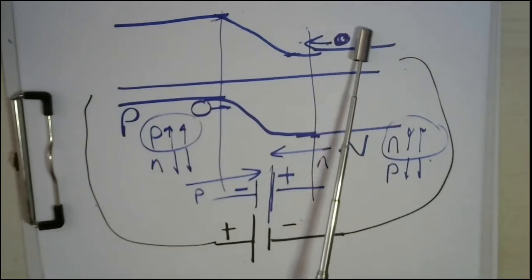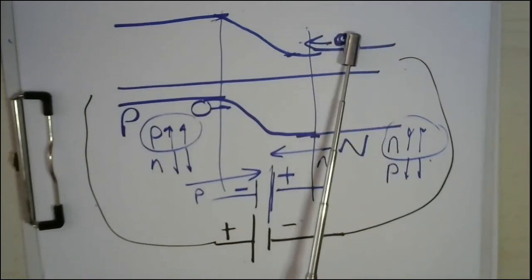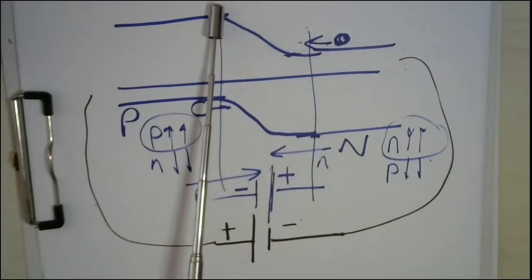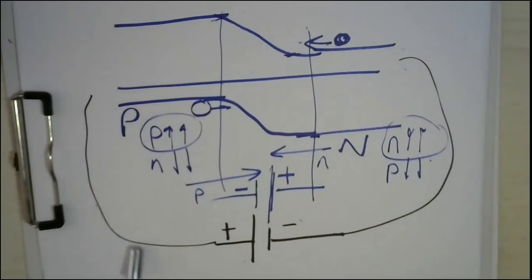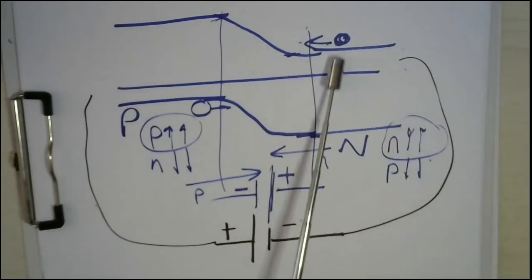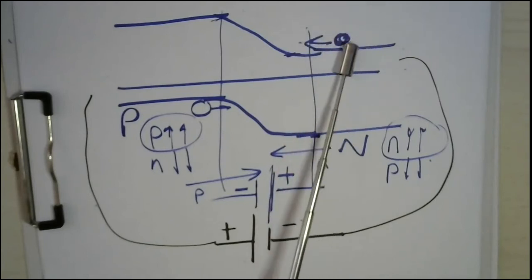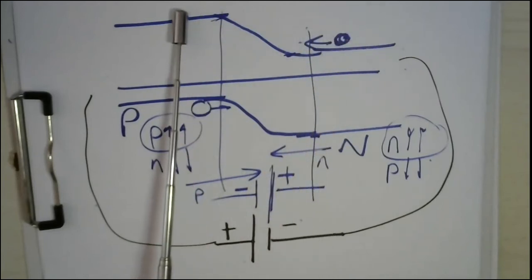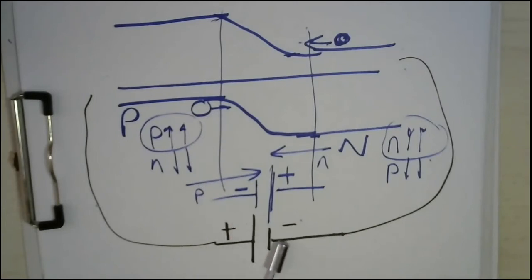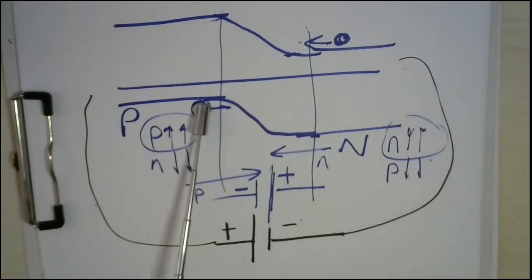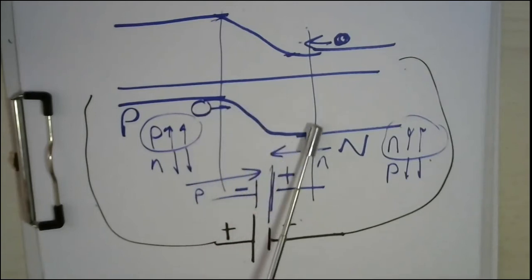So now the electron has an attraction force to pass the barrier. But without connecting this black potential, the electron will not have this energy to pass the barrier. Similarly for holes, now this is negative, connected here negative. So now the hole is attracted and can pass the barrier.